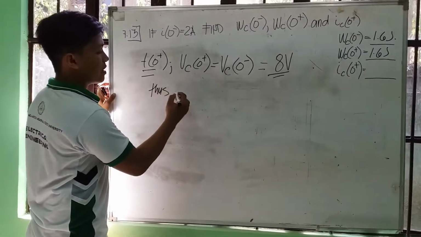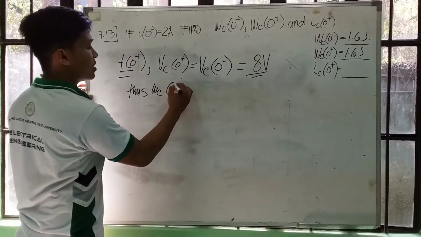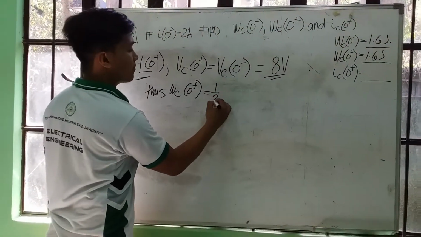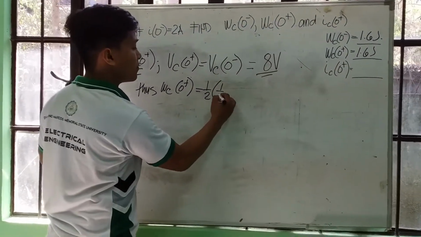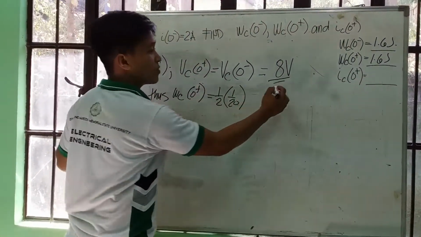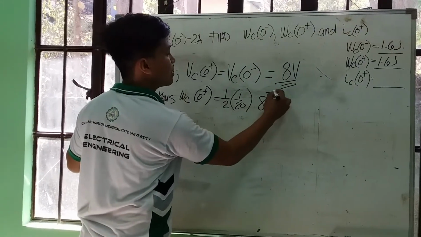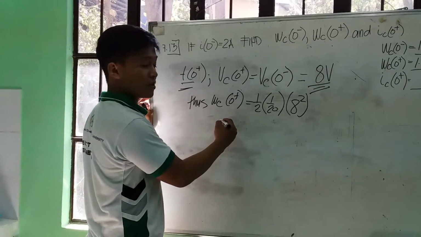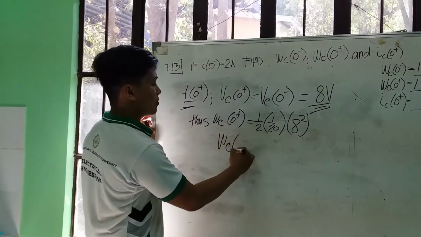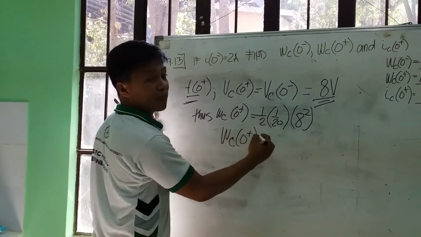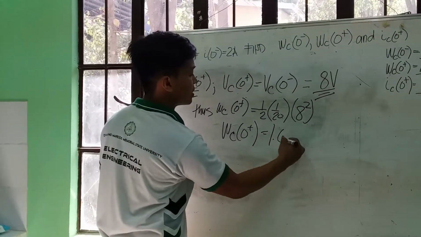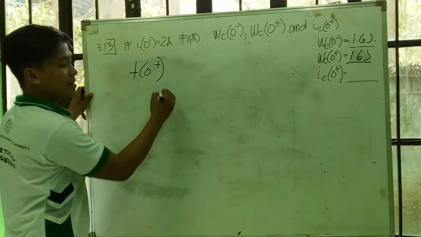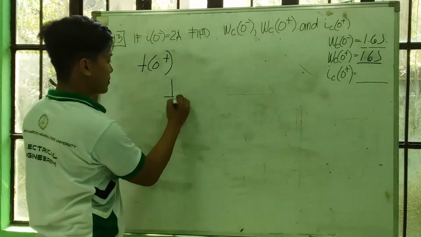Our work at the capacitor at time t equals 0 positive equals 1/2 times the value of the capacitor, 1/20 farad, times the squared voltage, 8 squared. Our work at the capacitor at time t equals 0 positive will be equivalent to 1.6 joules. At time t equals 0 positive, our circuit will become like this.